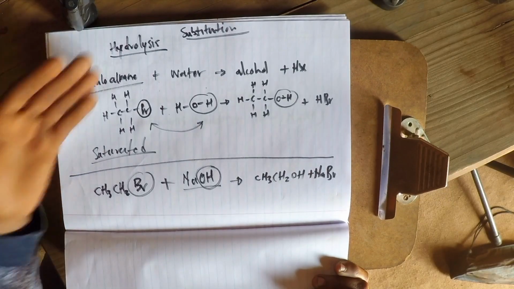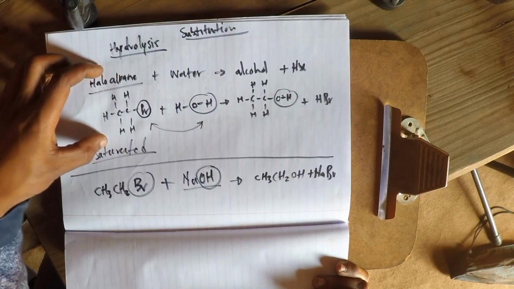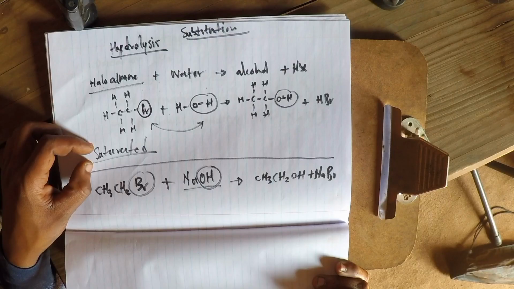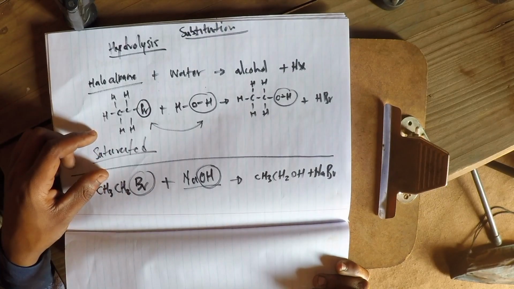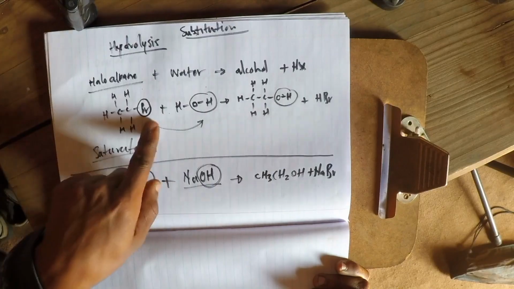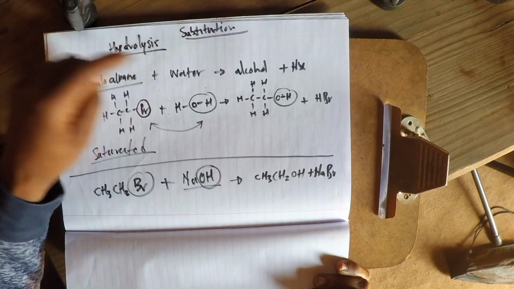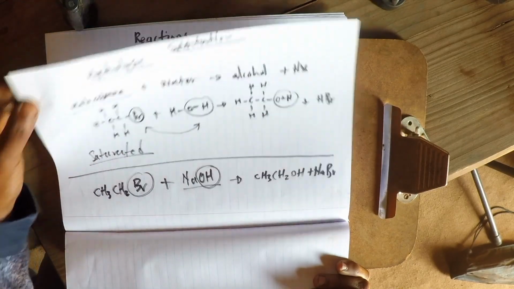This is called substitution because this haloalkane is saturated by itself, and because it is saturated, there is no way that you can add anything more to it. You can only substitute. Therefore, hydrolysis is a substitution reaction, and that's another example.